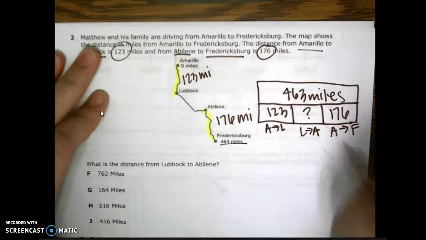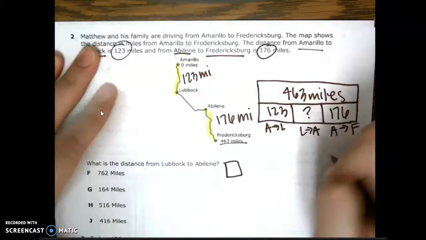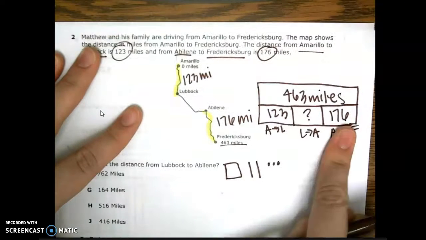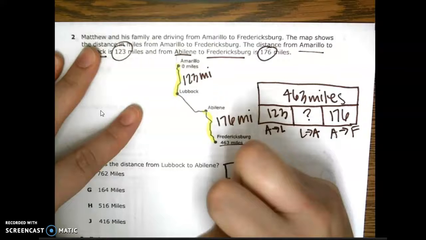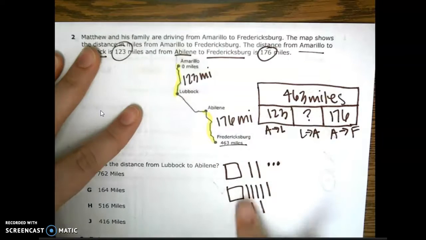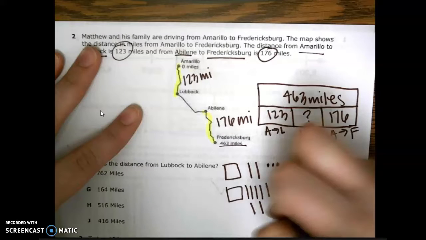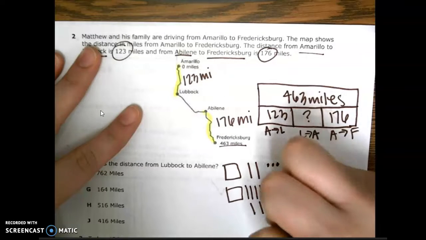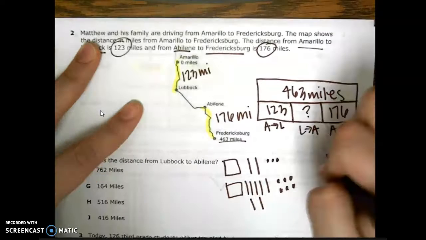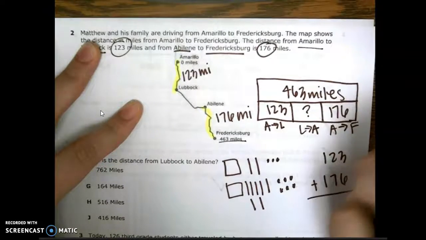So I'm going to use my base 10 blocks to do this. 100, 20, 3, plus 100, 70, and 6. That is you adding up 123 plus 176.